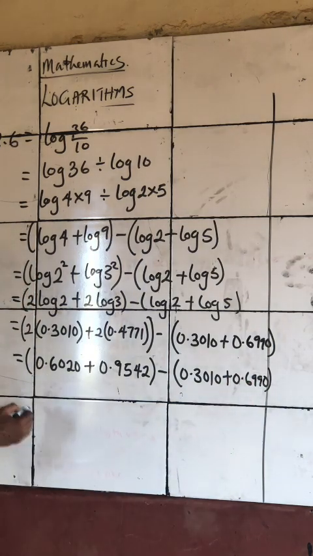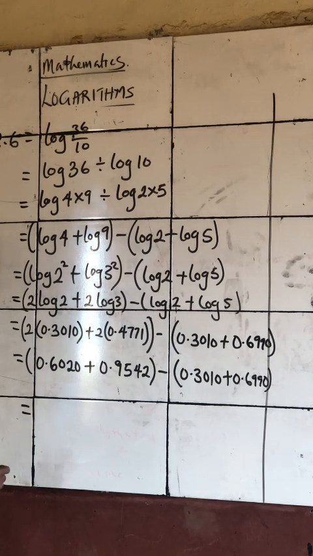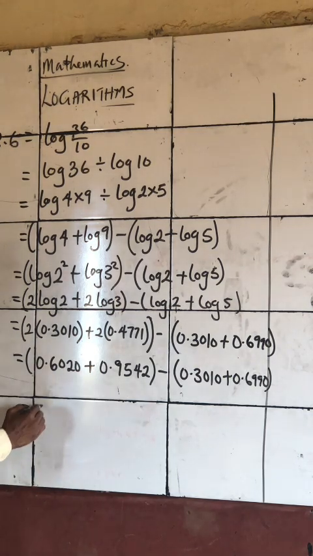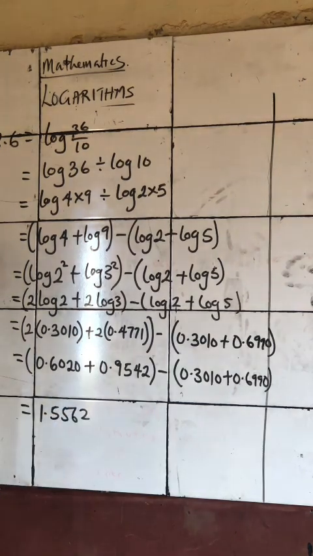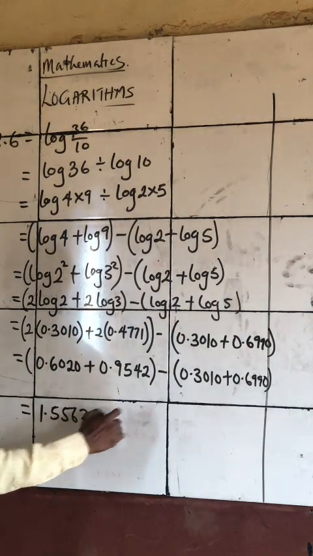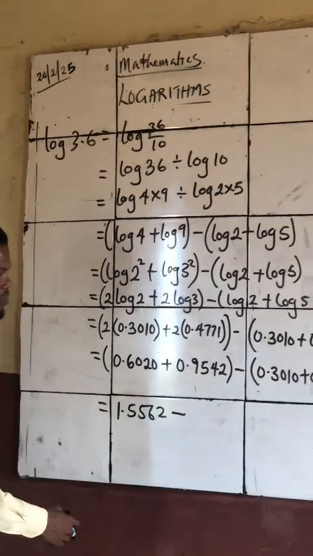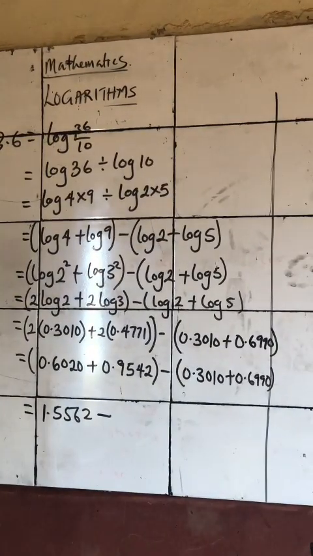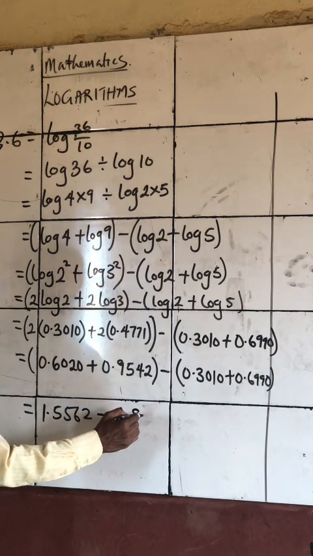So where you have this plus this will give us 1.5562, then minus this plus this will give us 0.991, which is 1.